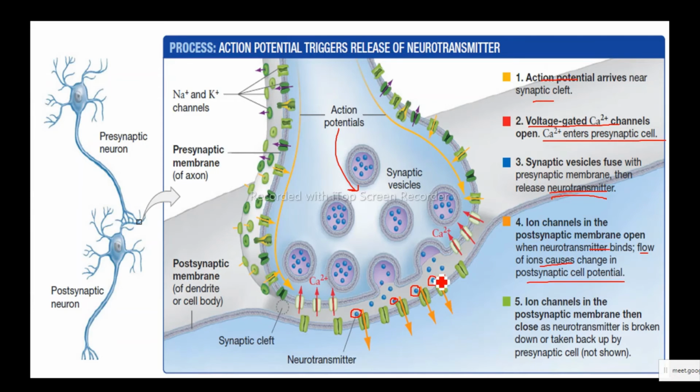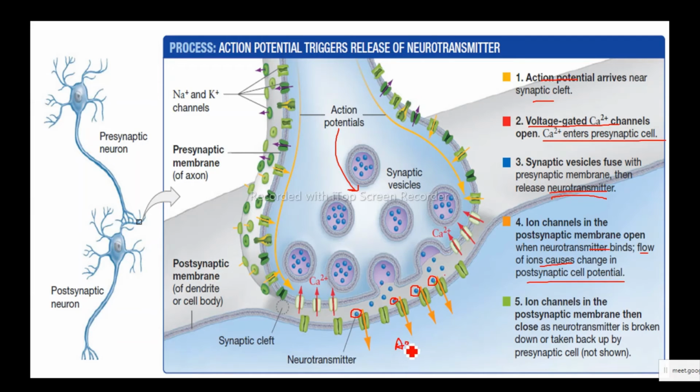So, there is an enzyme within this space, the synaptic cleft, called acetylcholinesterase. That enzyme breaks down the acetylcholine into an acetyl group and a choline group.